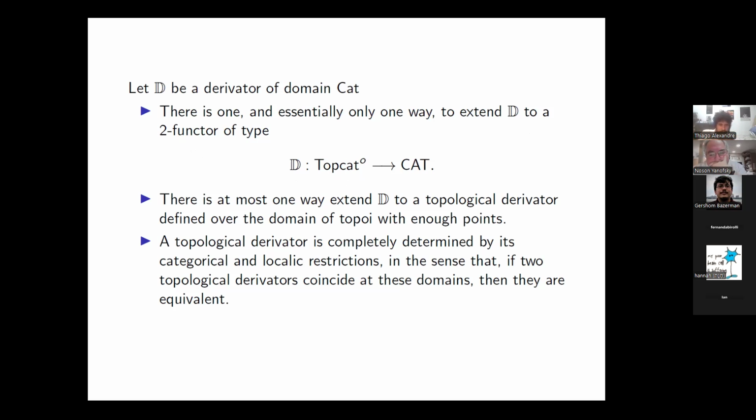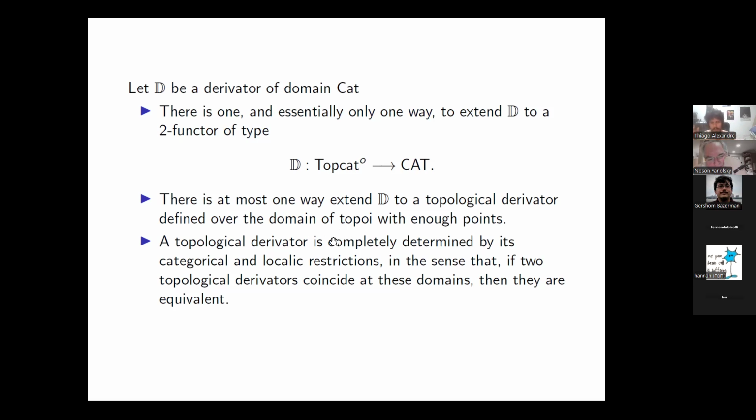The second result is that there is at most one way, because I don't know if it always exists, but there is at most one way to extend D to a topological derivator defined over the domain of toposes with enough points.